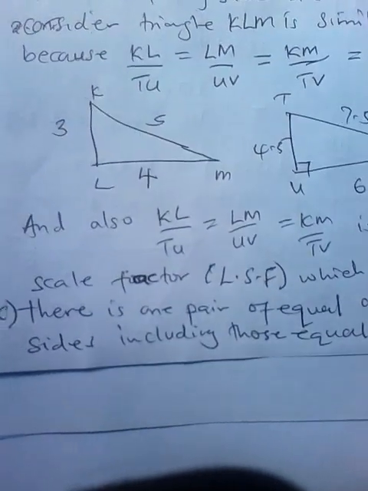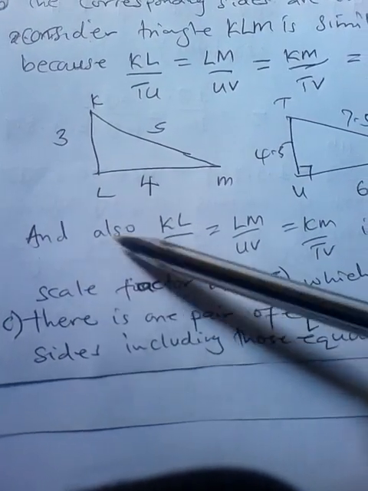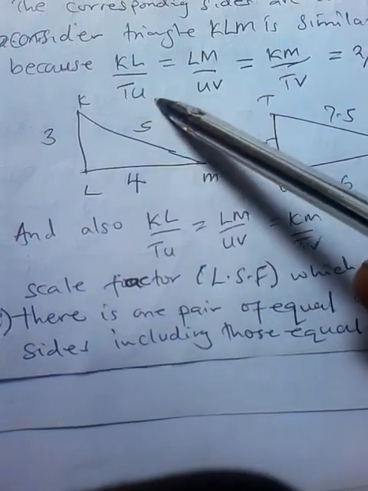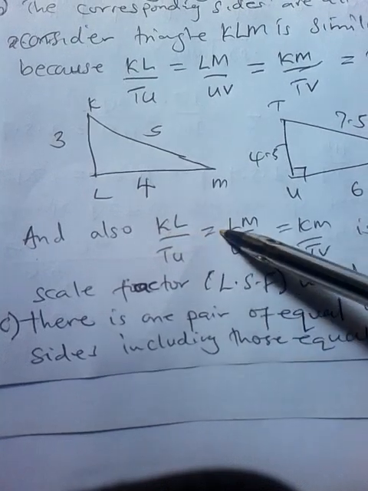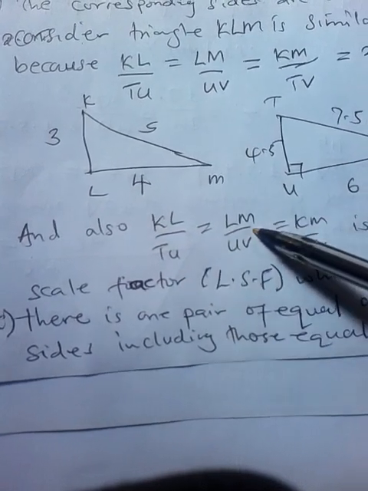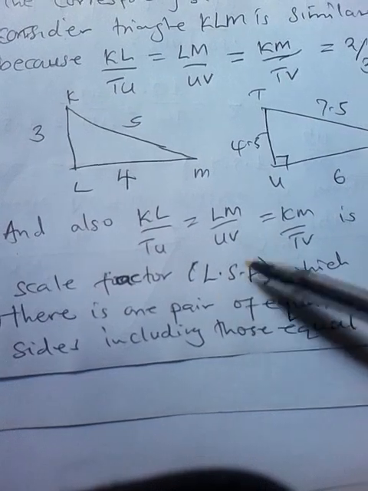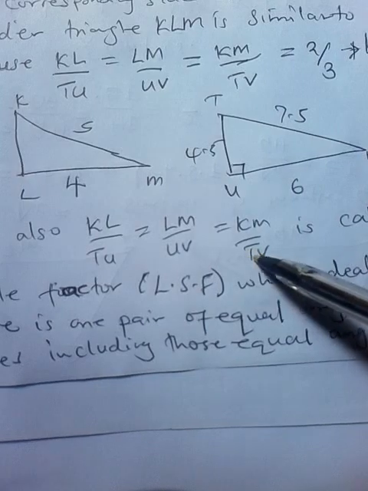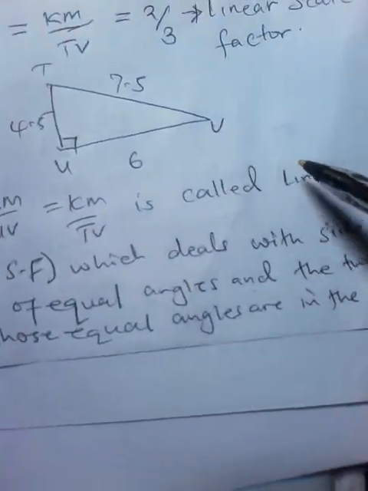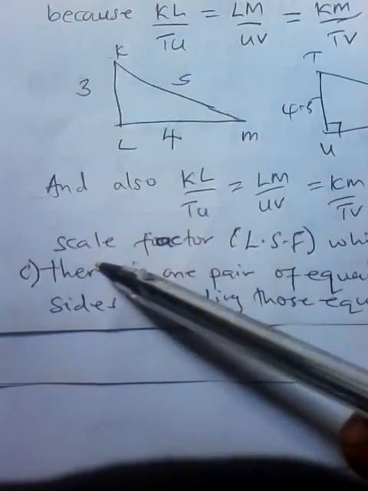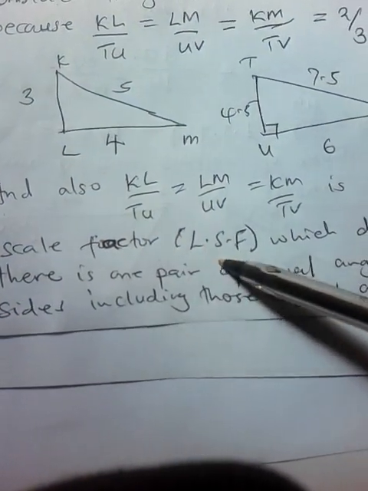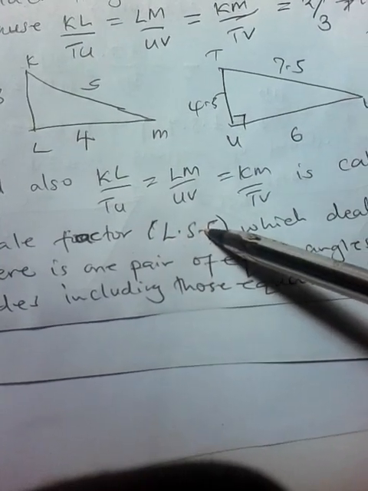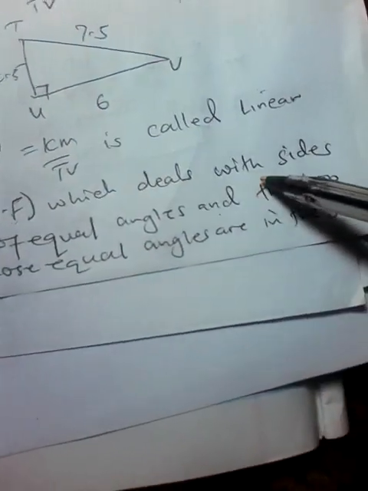So KL divided by TU is the same as LM divided by UV, which is the same as KM divided by TV, and is called a linear scalar factor, in brackets LSF. Linear scalar factor deals with sides.